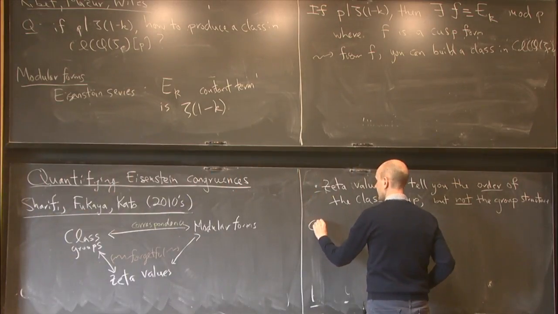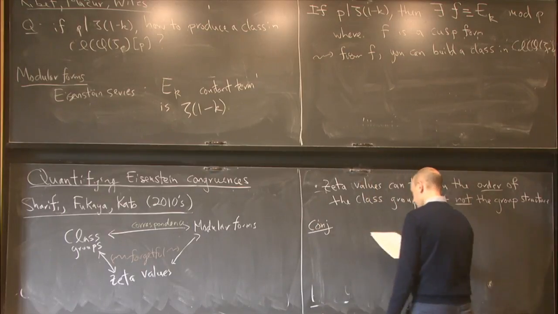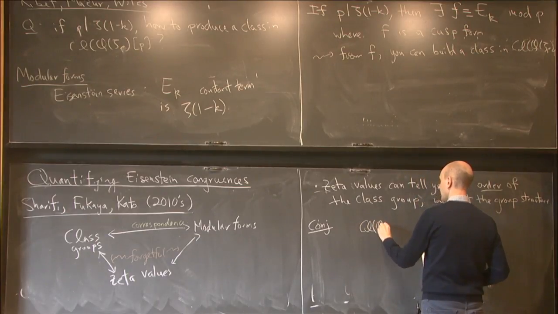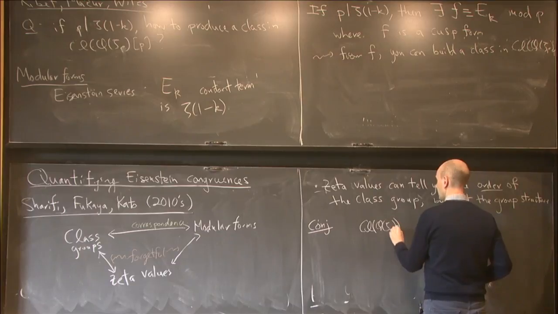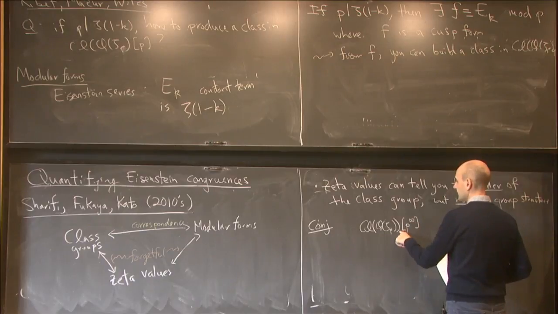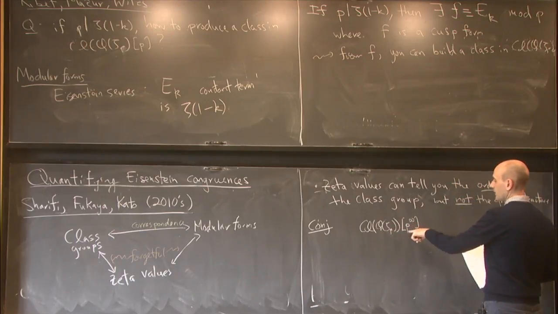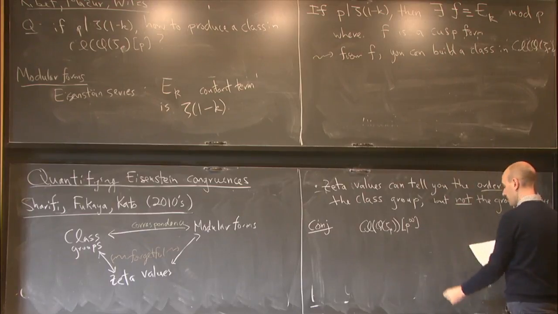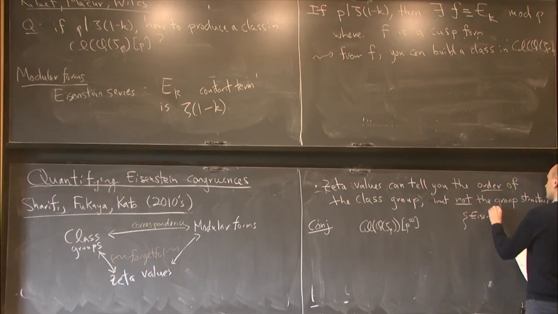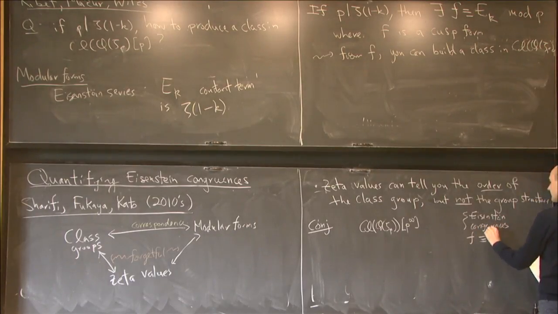So Sharifi made the following conjecture, which I will just state vaguely. On one side you have this class group, and here I'm going to write the p infinity. That just means take only the part of this finite abelian group that is killed by some power of p. And then on this side you have these Eisenstein congruences: this f that is congruent to the E mod p, up to some equivalence.